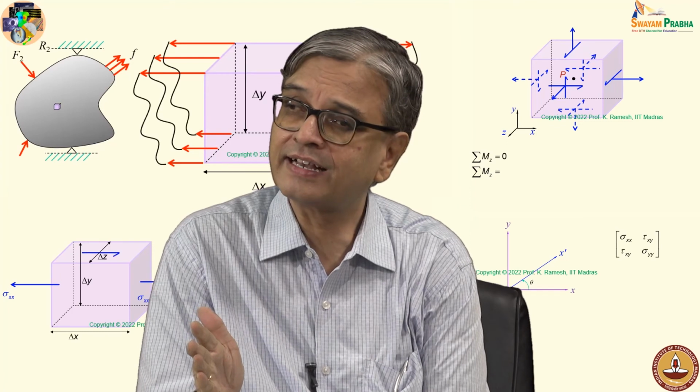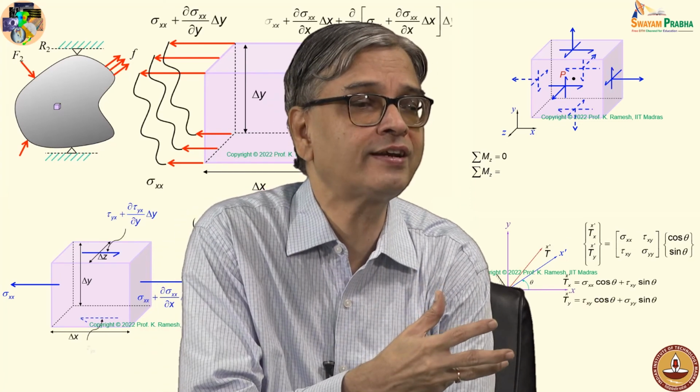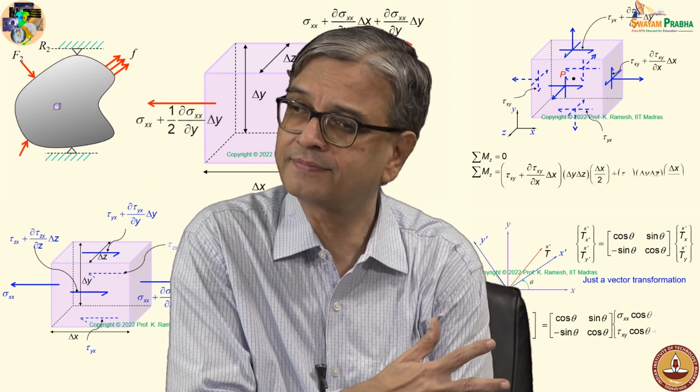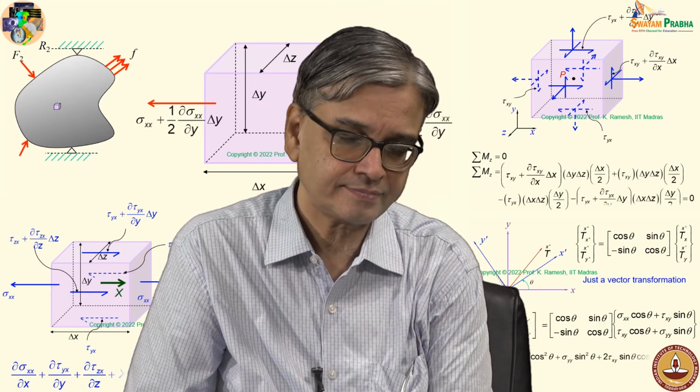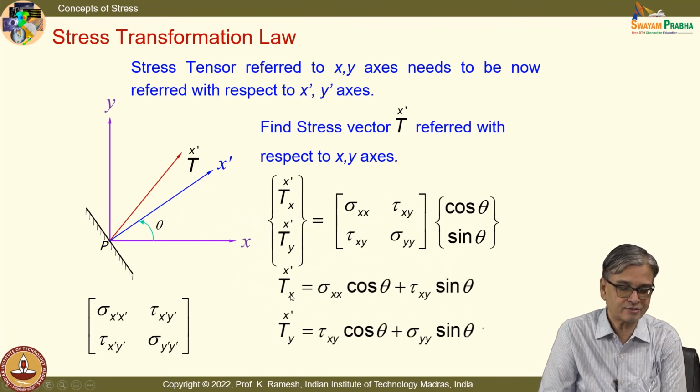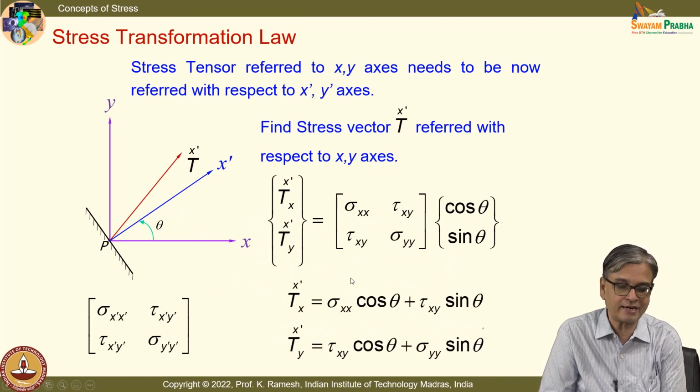I have a vector, I can go back to my vectorial transformation and transform it to the new coordinate system. That is, we want to get Tx prime x prime. So when I write it in expanded form, I get Tx prime x equal to sigma x cos theta plus tau xy sin theta.